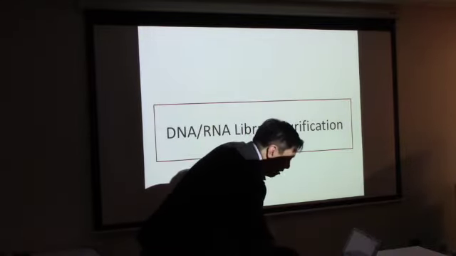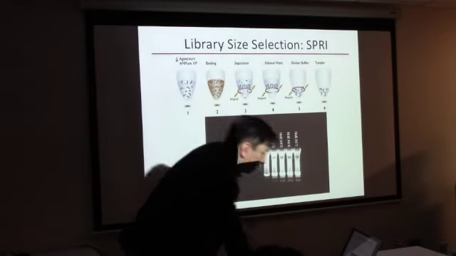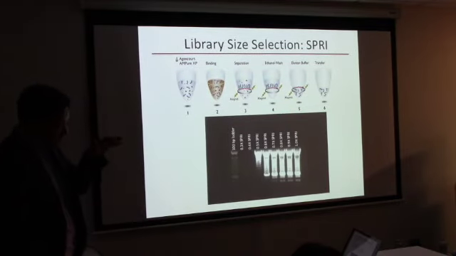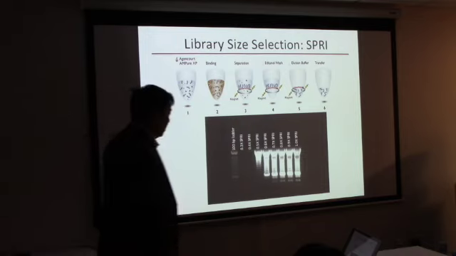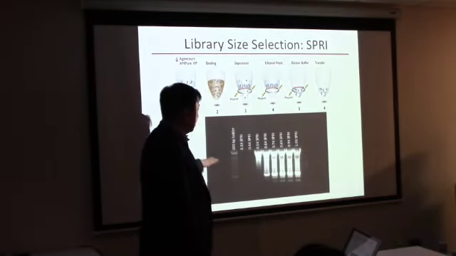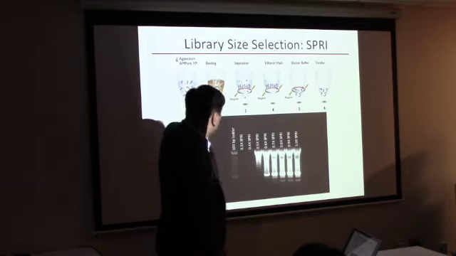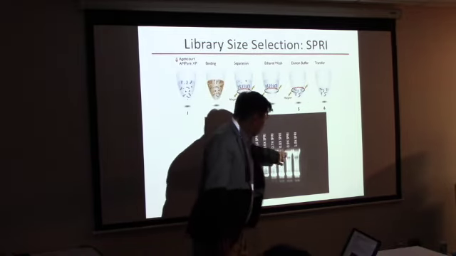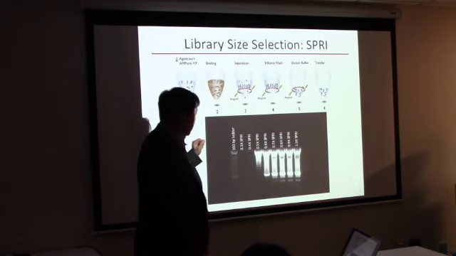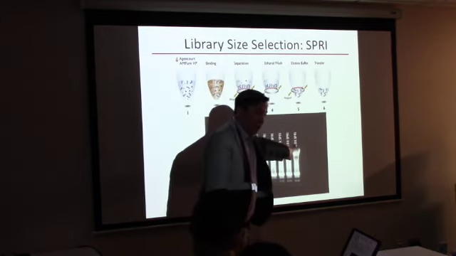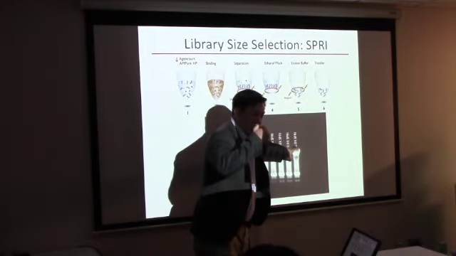All right. DNA, RNA library purification. I just showed this briefly, but again, this is magnetic bead based. A lot of times you can add different amounts of beads in to purify different sizes of DNA. The more beads you put in, the more ethanol or isopropanol goes in with it, because that's what the beads are mixed in.